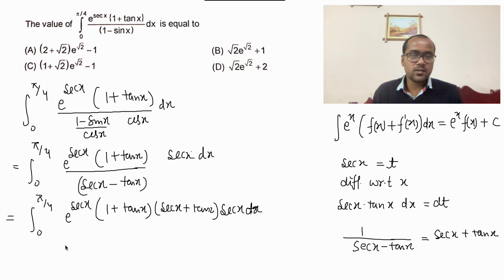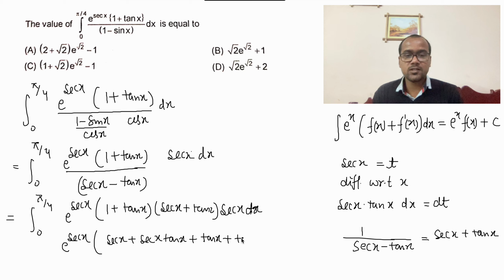If I multiply this, it would be e to the power sec x, (sec x plus sec x tan x plus tan x plus tan square x) into sec x dx. Integration limits are 0 to pi by 4. Now we can take tan x common from this bracket part.